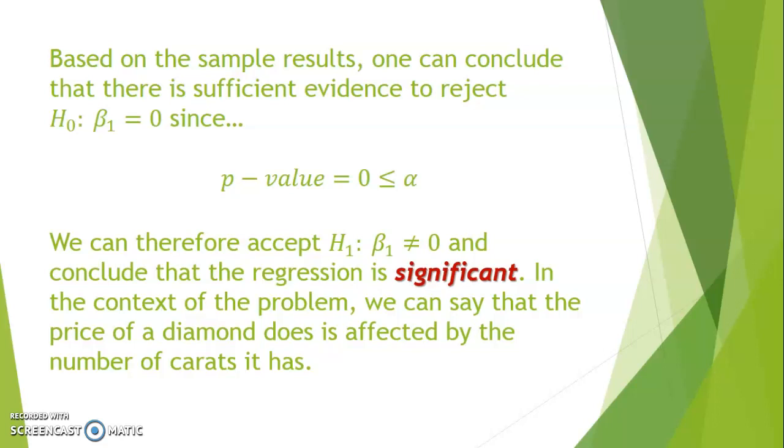We can therefore accept that beta 1 is not 0, and conclude that the regression is significant. This would mean, in the context of the problem that we were observing, that the price of a diamond is definitely affected by the number of carats it has.